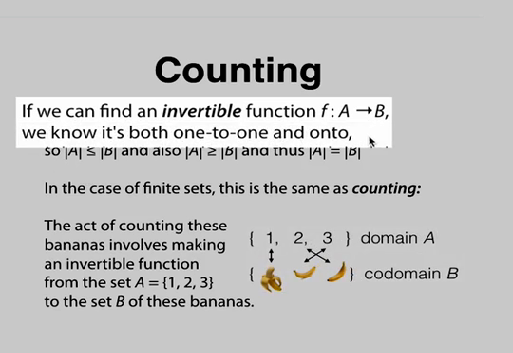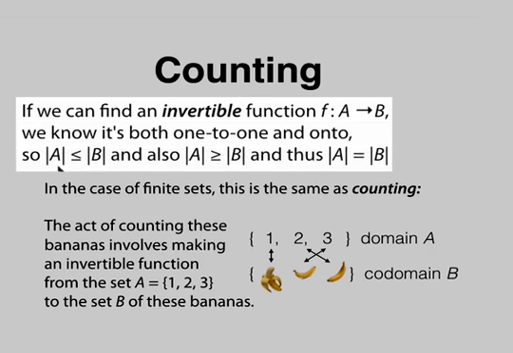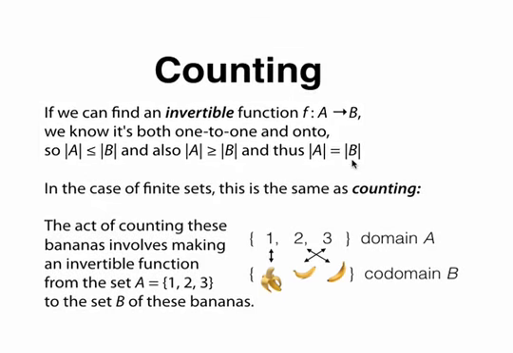By definition, that's what we call invertible. So if it's one-to-one, that means that the size of A is at most the size of B. And since it's onto, the size of A is also at least the size of B, and therefore the size of A equals the size of B.